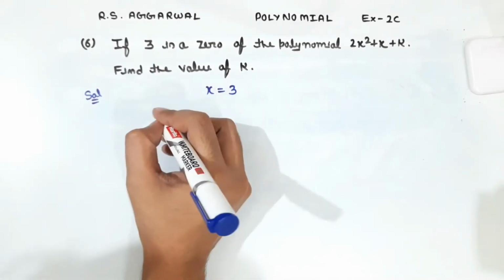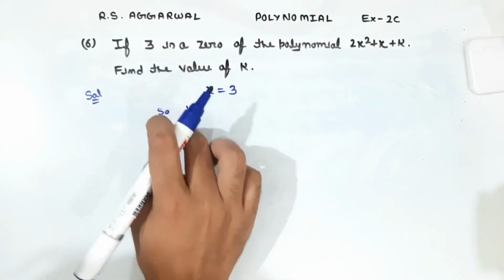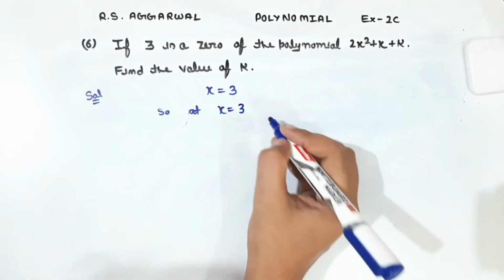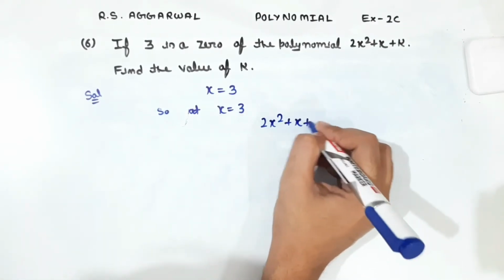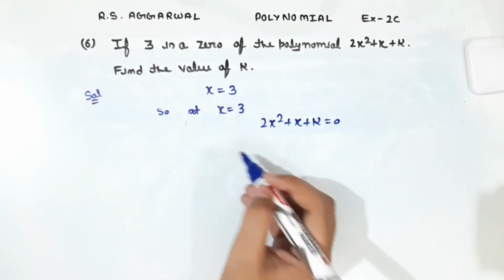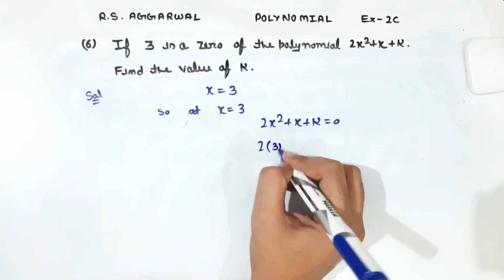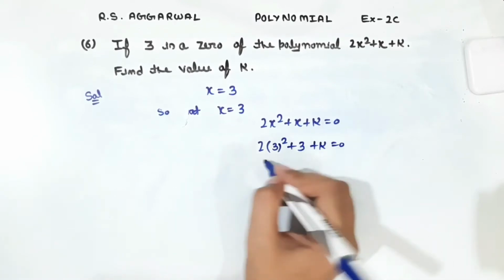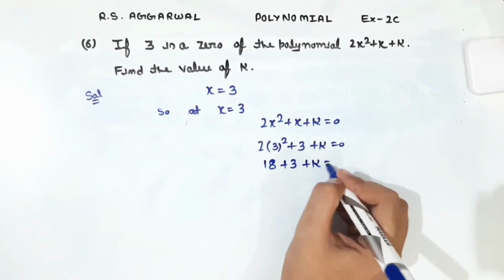So at x equals to 3, the polynomial 2x square plus x plus k will be equals to 0. So now putting the value of x equals to 3. So 2 into 3 square plus 3 plus k equals to 0. 18 plus 3 plus k equals to 0.